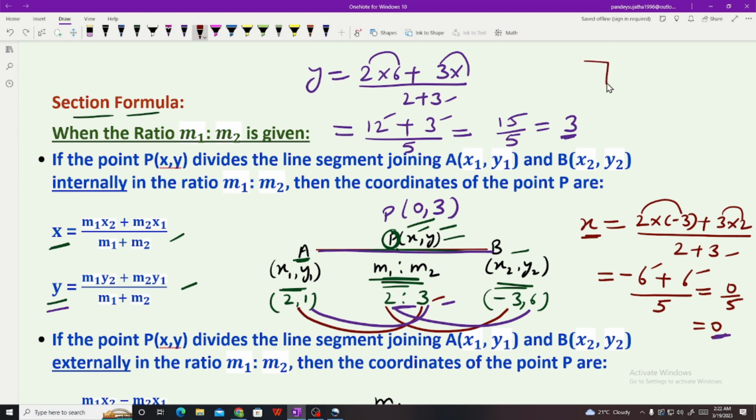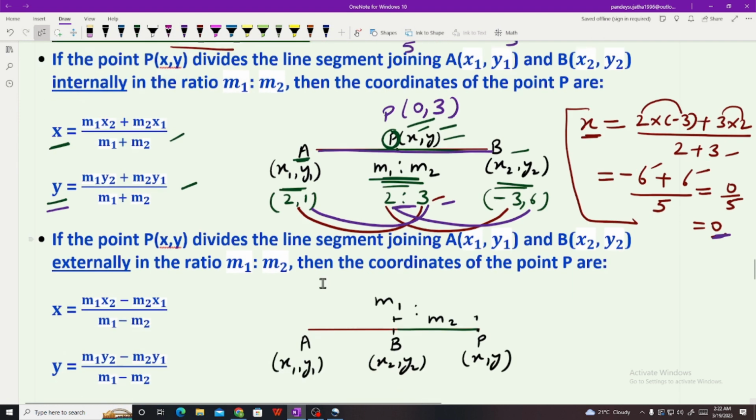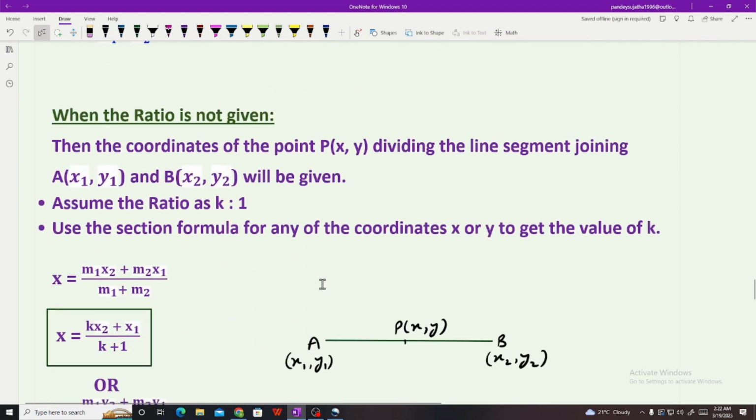This is the way we use the section formula when the ratio is given. So now let's see how to solve the question when the ratio is not given. If the ratio is not given in the question, in that case the coordinates of the point that divides the line segment joining A and B will be given.